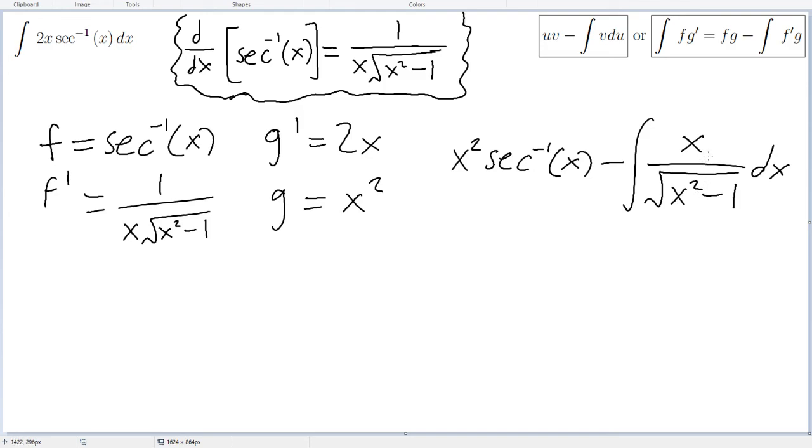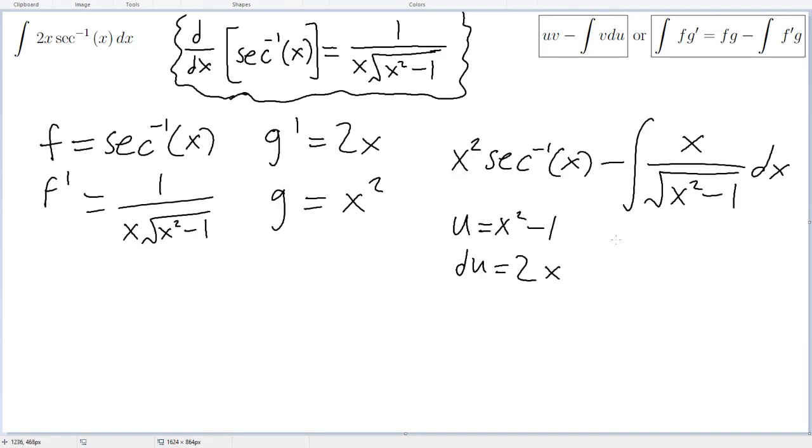And here, it's just basic u-substitution. If you don't remember, it's okay, I can walk you through it. I'm going to let u equal the inside of this square root. The reason I want x squared minus 1 is because this x here would be our derivative. So du is equal to 2x. We have the x right here.